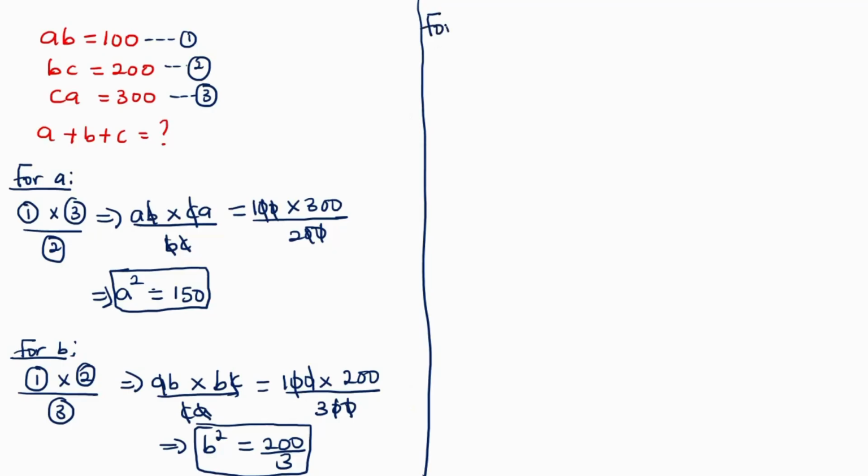For C, all we want to do is to simply multiply equation 2 by equation 3 and divide through by equation 1. This is going to give us equation 2, BC, multiplied by equation 3, which is CA, over equation 1, which is AB.